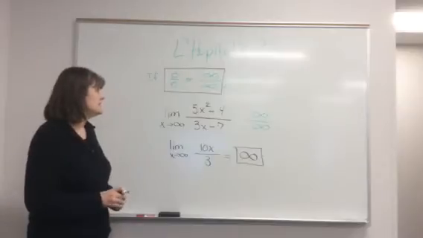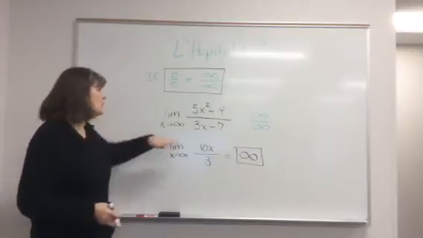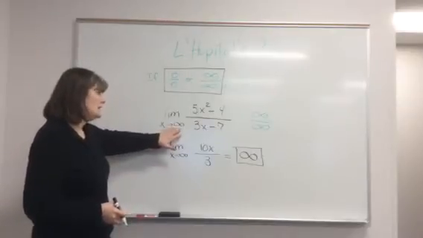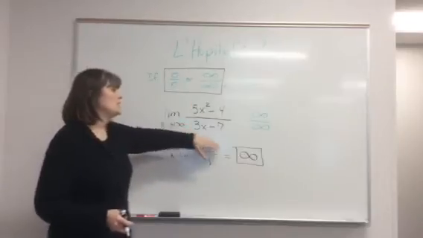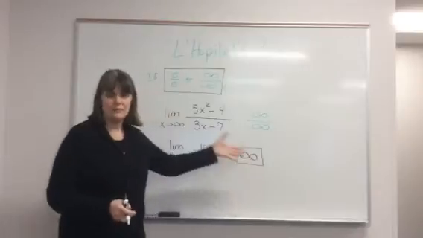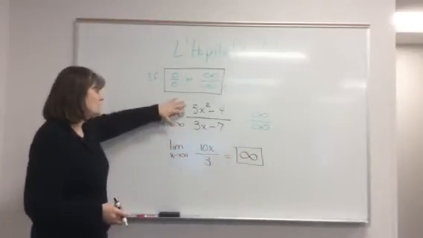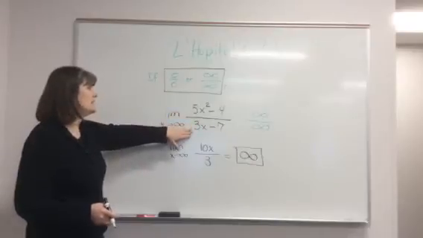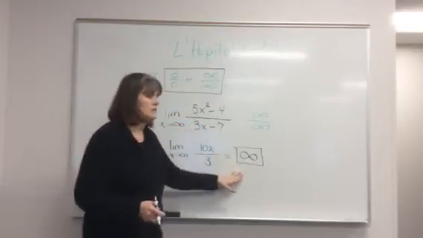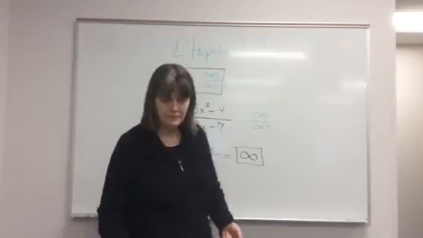It does not exist. We had said before, if we're going to infinity, if the numerator has a larger exponent than the denominator, then you know the answer is going to be infinity. That's great. You could also think about it, this is quadratic. It's growing much faster than something linear, so we know it's going to be infinity.